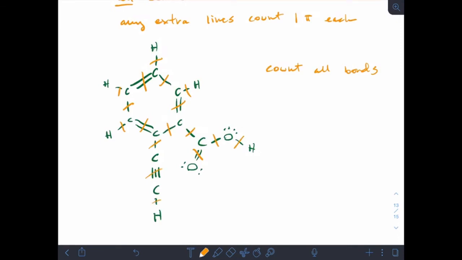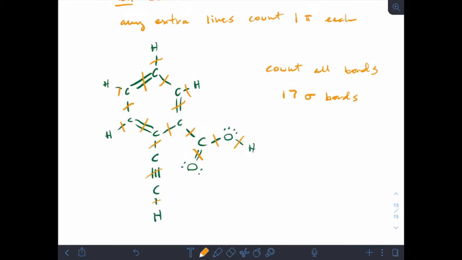Okay, so each place that something is connected to another thing counts for a sigma. So I have 17 sigma bonds in this molecule, provided I didn't miss any.